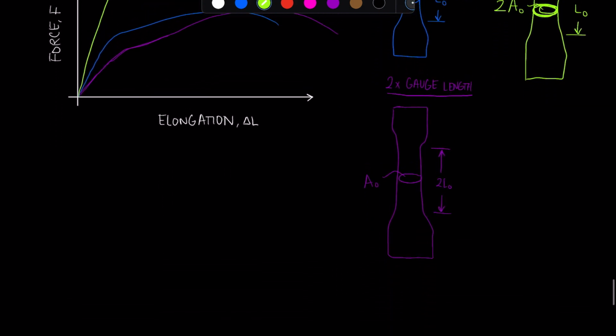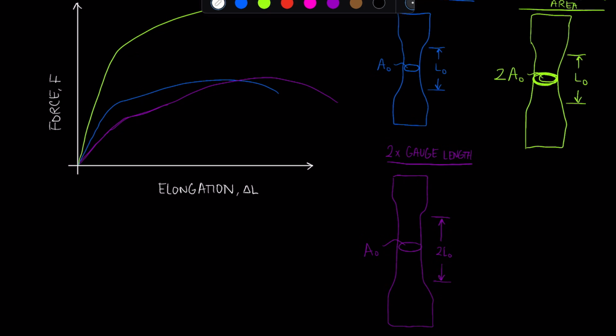So remember that stress is equal to force divided by the cross-sectional area, and that strain is equal to our elongation divided by gauge length. And I'll plot that in percentage.